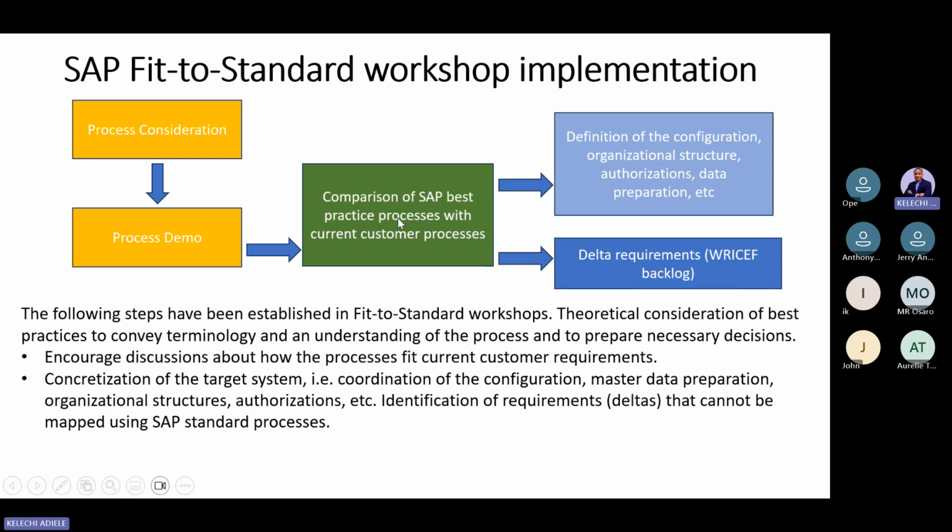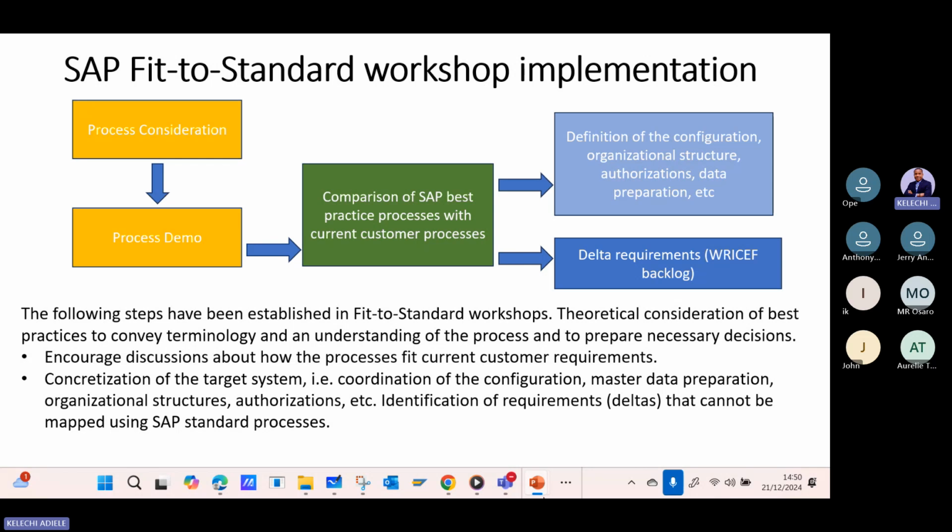After you have done your comparison of SAP best practice with current business process, two things happen side by side. First, you have to start defining the configurations and all configuration needs, not just configuration. You have to identify the organizational structure, the authorizations, data preparation, and everything you need. And the second is you need to come up with a delta requirement. You need to identify the gaps that you have identified. How do you close them up?